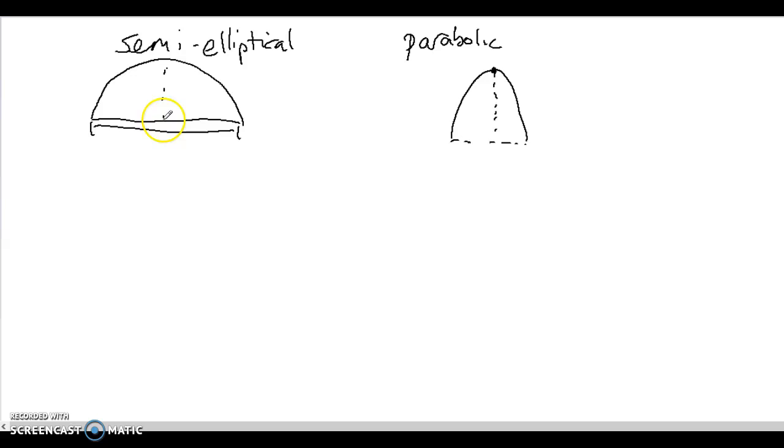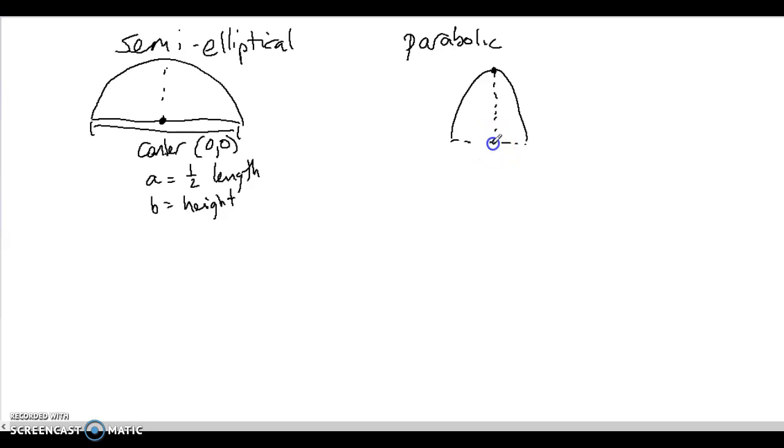If we see something that's semi-elliptical, we're going to put the center of our ellipse at the point 0, 0, which means the left-right axis, usually the major axis in these, is going to be half the distance across, so A is half of the length, and then B would equal the height of the tunnel.